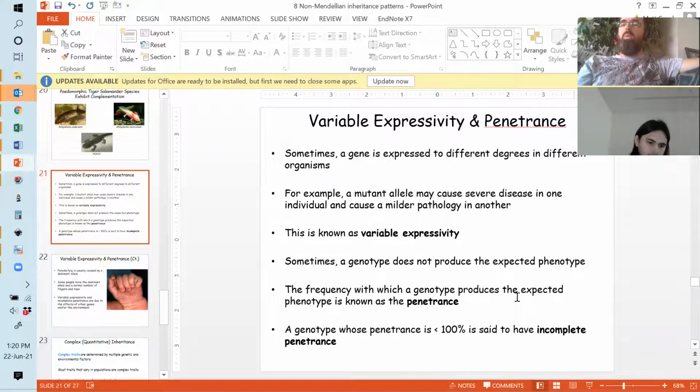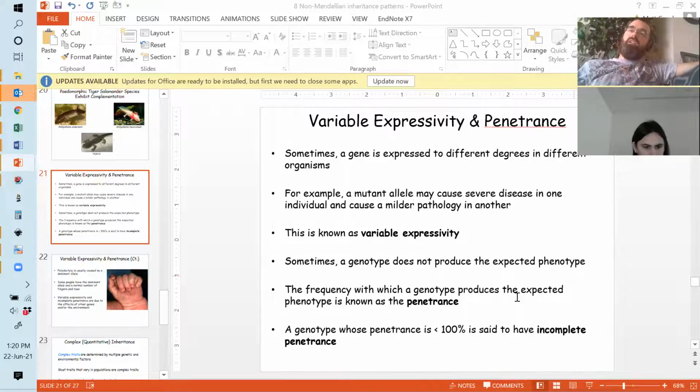One thing as well is that even if you have a particular genotype, it doesn't necessarily mean that you'll express the same phenotype, right? So we have two different terms, variable expressivity and variable penetrance, or incomplete penetrance.